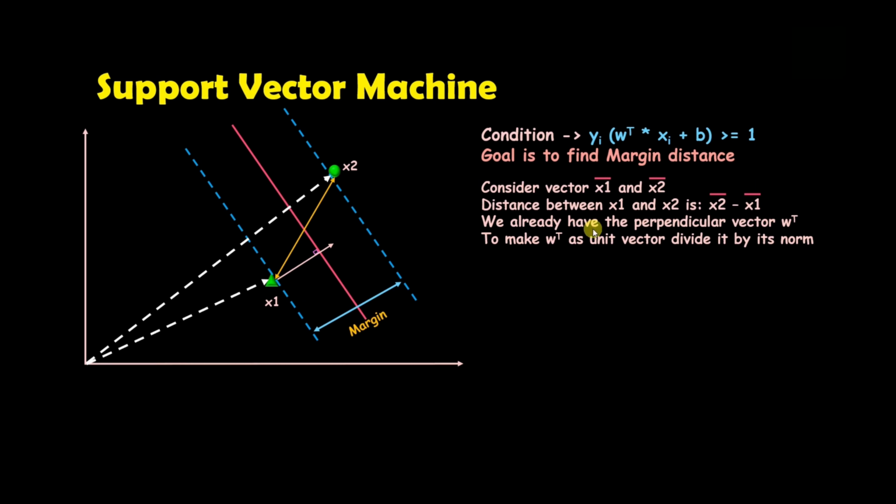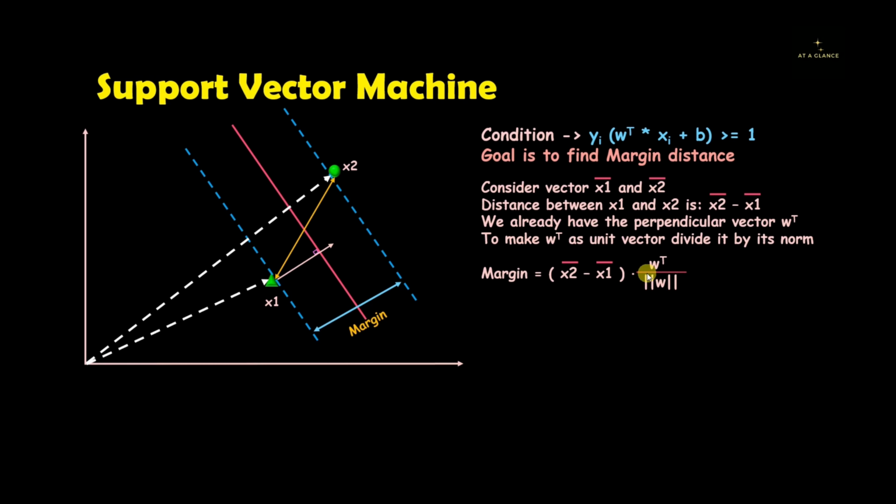W transpose can be converted into a unit vector by simply dividing it by its norm. So we can now compute the margin distance by taking the dot product of x2 minus x1, that is the subtraction of these two vectors, and W transpose divided by its norm, which will convert it into its unit vector. So when we take the dot product of these two, we'll simply get the margin distance. I hope how we have computed this particular formula is clear to you all.